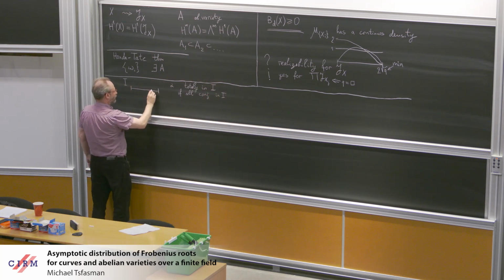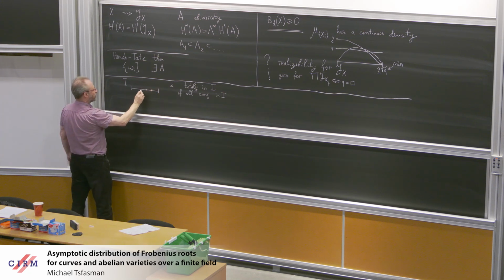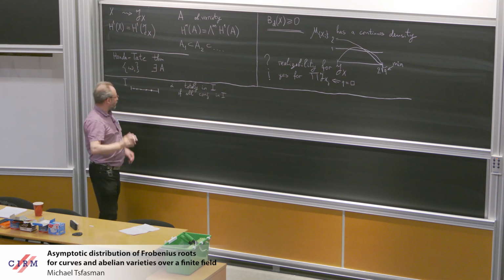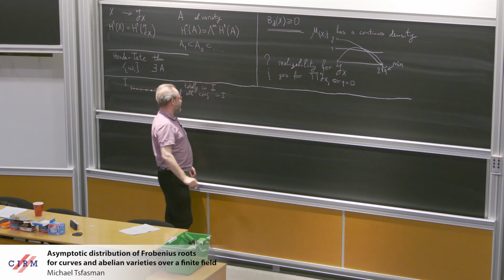So I don't only need the algebraic number to be here, but I need all its conjugates, in the sense of the Galois action, all the other roots of the polynomial, to lie in this interval as well.